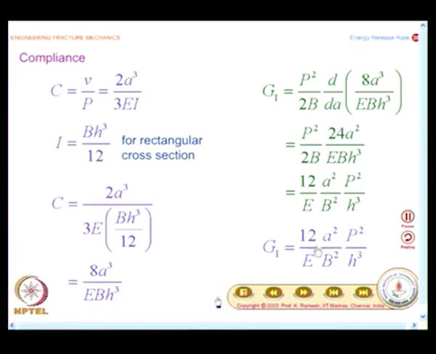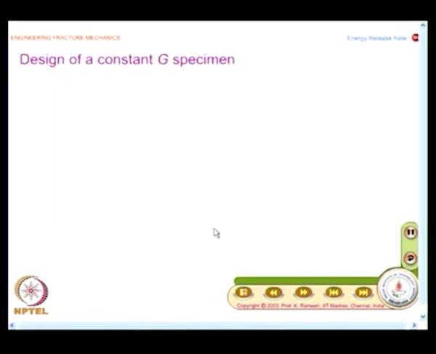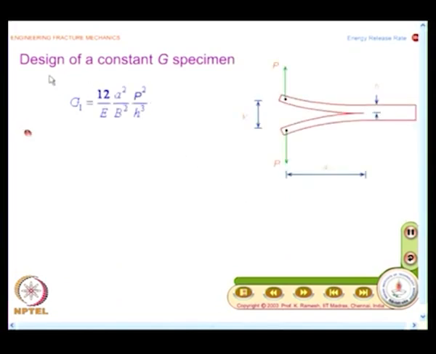This is quite useful to verify some of the concepts developed in fracture mechanics, and that is what we are going to look at now, design of a constant G specimen.